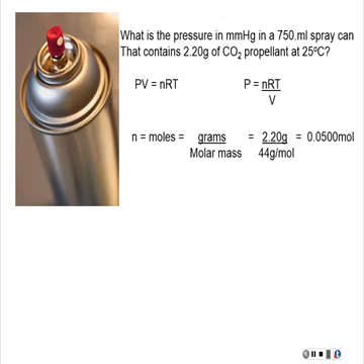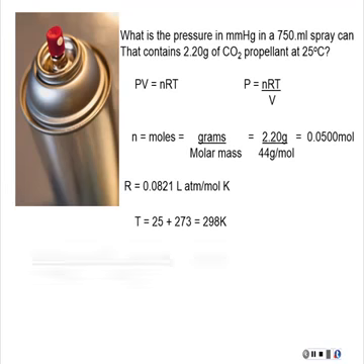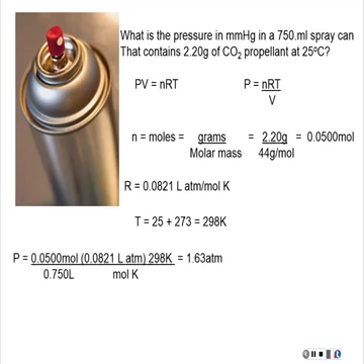So I'm giving you three significant figures. Now R is the gas constant, so I already know that. Here it is here. Now temperature, I need 25 centigrade converted to Kelvin, so I just add 273 to that. And I need the volume in liters. I'm going to have to convert 750 milliliters to liters. And then I plug it into my formula, and you can see that everything will cancel.